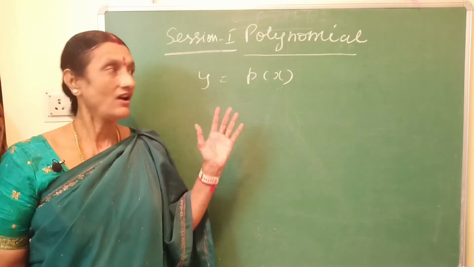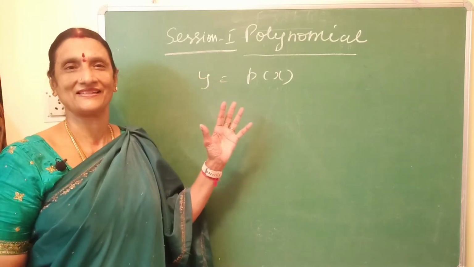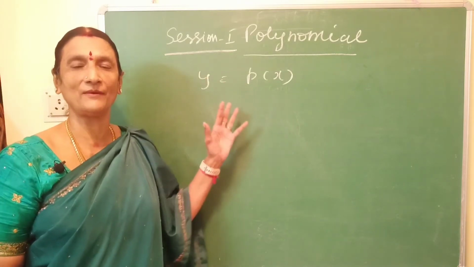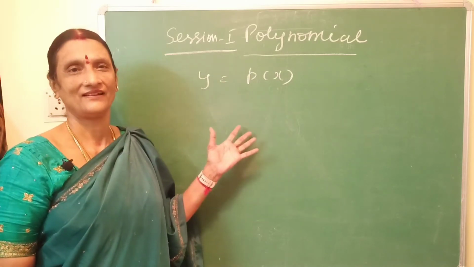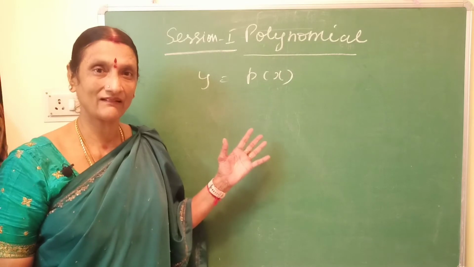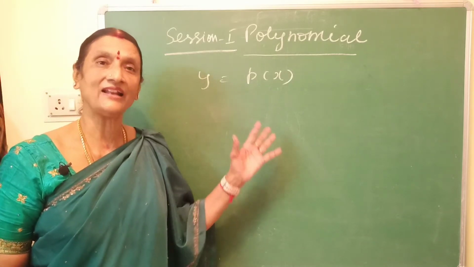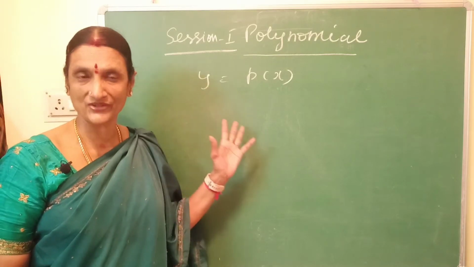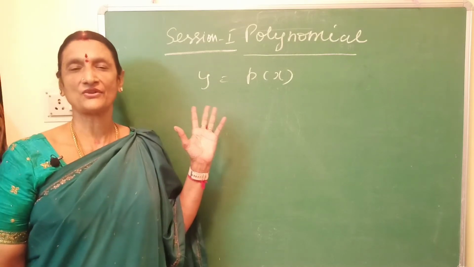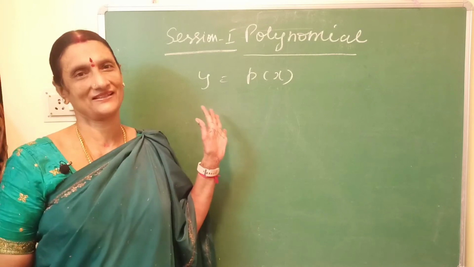What is it? All the degrees or the powers of the variable which you are going to represent should have only integral positive powers. There should not be fractional powers. There should not be negative powers.